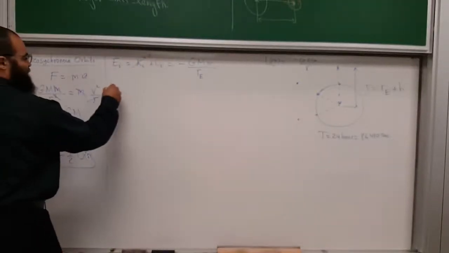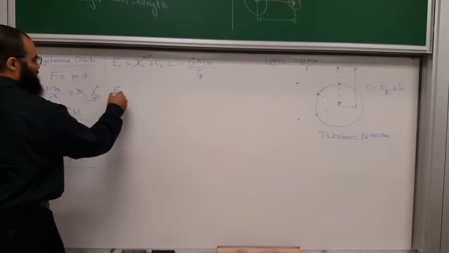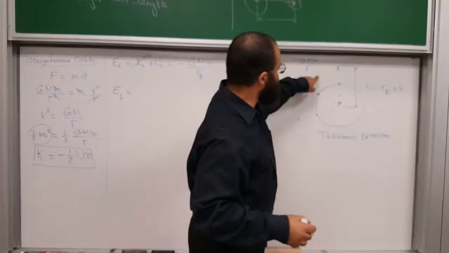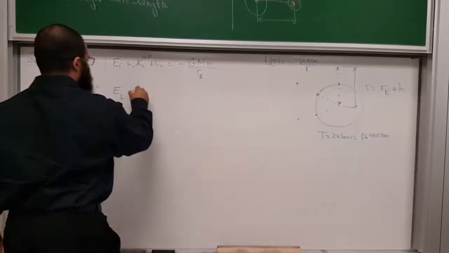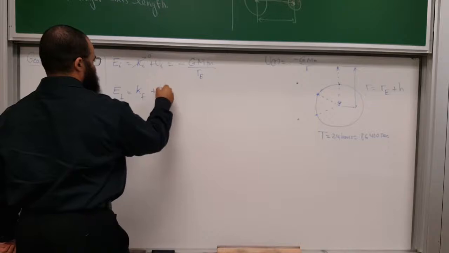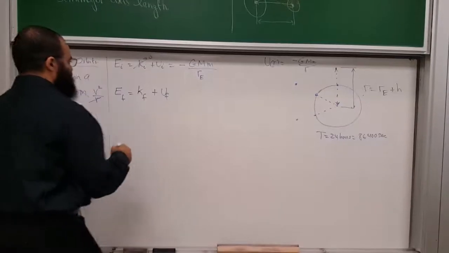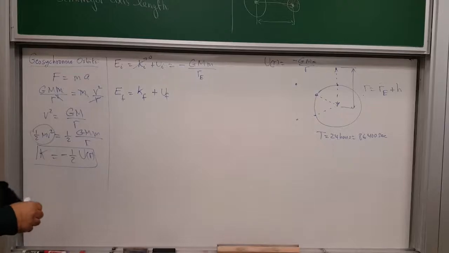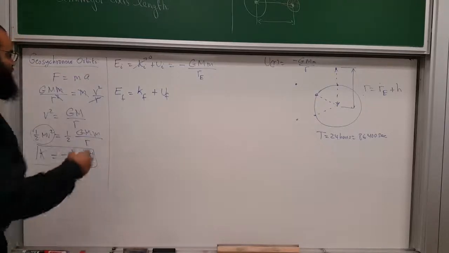The energy at the end, when it's finally orbiting at a radius r with speed v, will be the kinetic energy at that orbit plus the potential energy at the end. But remember, kinetic energy is negative half of the potential energy.